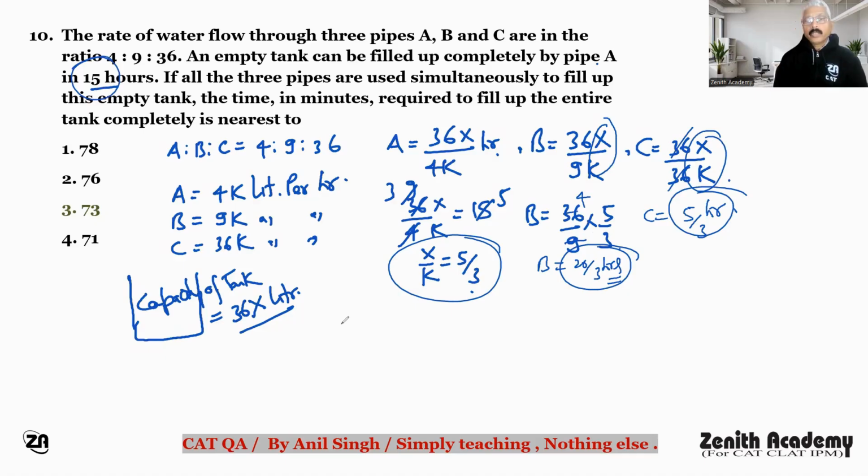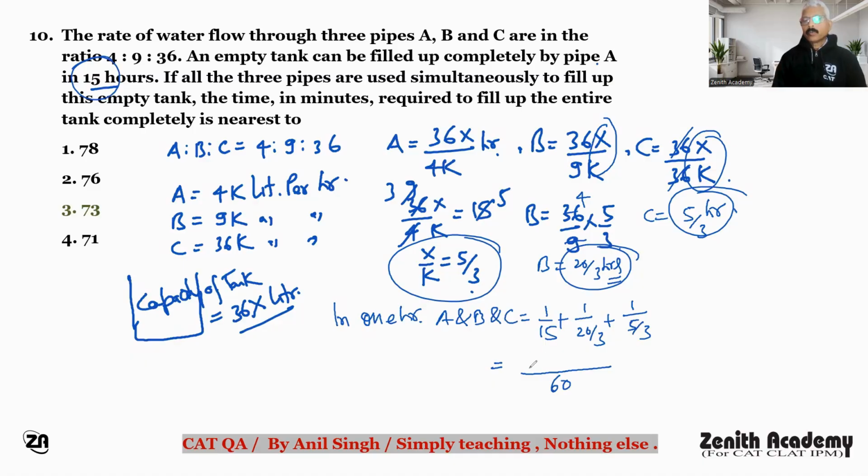So in 1 hour, A and B and C will fill 1 upon 15 of the tank plus 1 upon 20 by 3 of the tank plus 1 upon 5 by 3 of the tank, is equal to, the LCM is 60. 15 into 4 is 60, so it is 4. 20 by 3 gives 9. 5 by 3 gives 36.